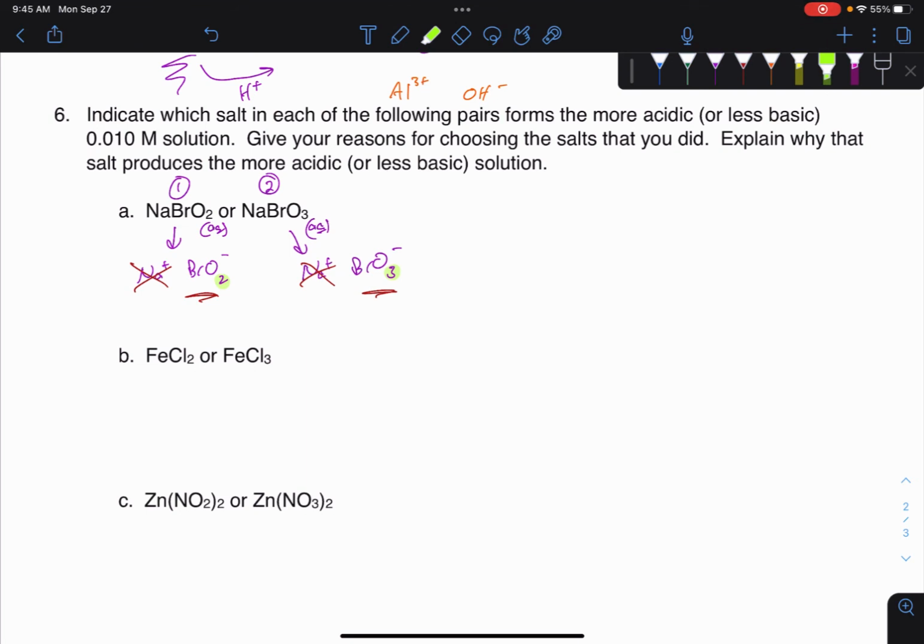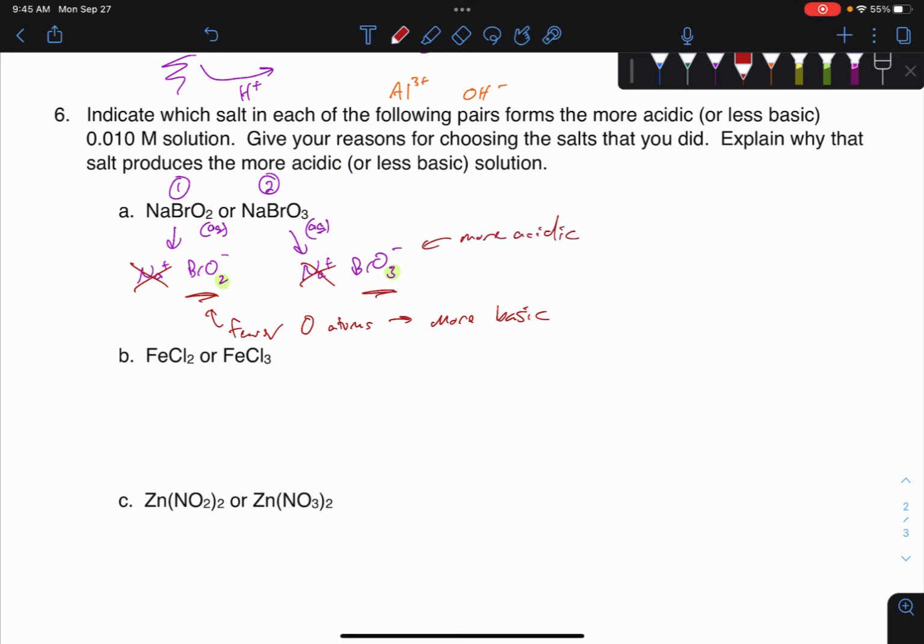Now, the quick take-home message. The fewer oxygen atoms, the more basic the solution is going to be. And so we could say, if one is more basic, then this one would be more acidic.